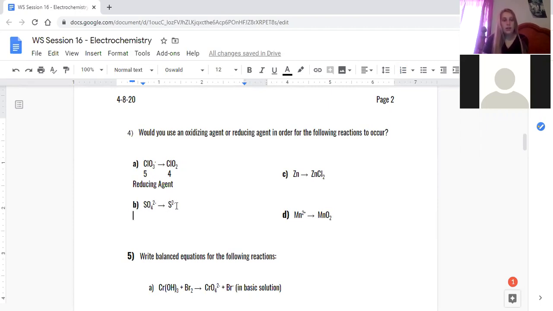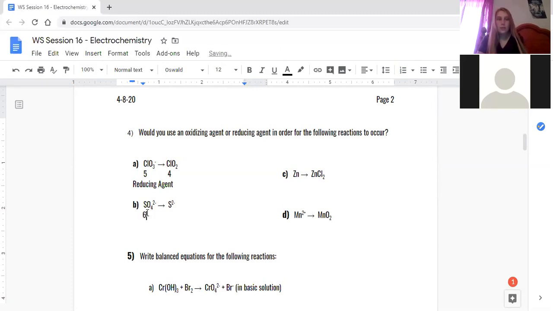So what is your oxidation state going to be for sulfur in this first one, in SO4 2-? Six.